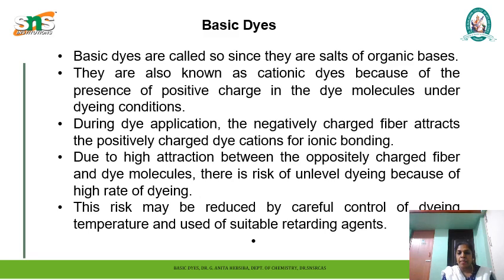So here we have ionic bonding, so the dye-fiber interaction is very strong, and also there is a risk of unlevel dyeing because initially the rate of dyeing will be very high, so the dye uptake will be more, and this can be overcome by using suitable retarding agents, so that we get leveled dyed fabric.